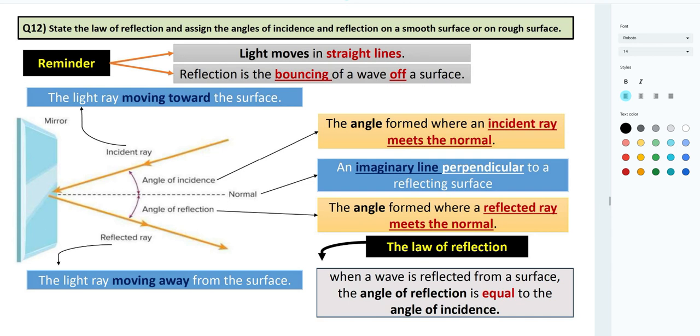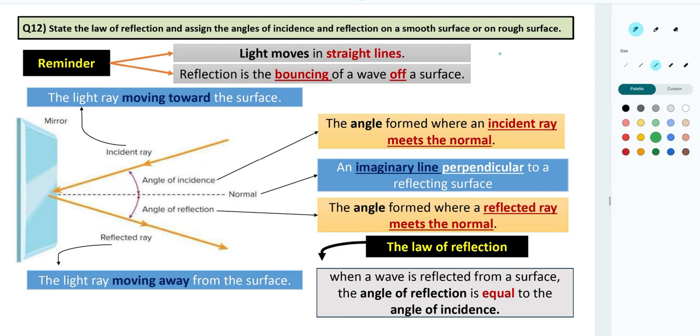I spoke about perpendicular in a previous video, but remember, perpendicular is when two lines cross at a 90-degree angle. So the normal is a line that is perpendicular to your mirror.